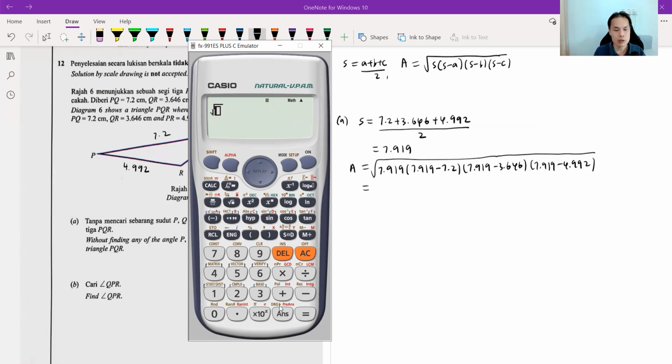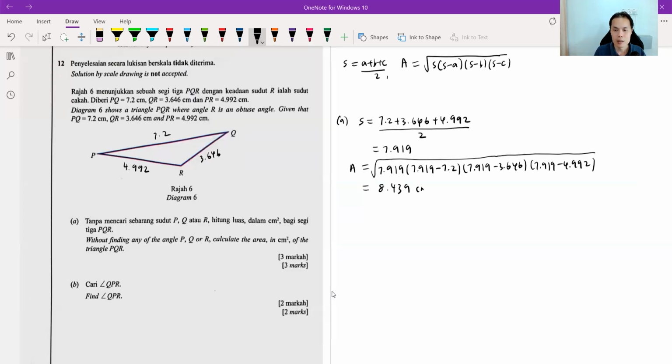So I press square root, press answer, open bracket, answer minus 7.2, close bracket, then answer again, minus 3.646. I do that because I don't have to retype 7.919 over and over again. So this answer minus 4.992, close bracket, press equals. There you go. My area is 8.439. All right. Next, part B.